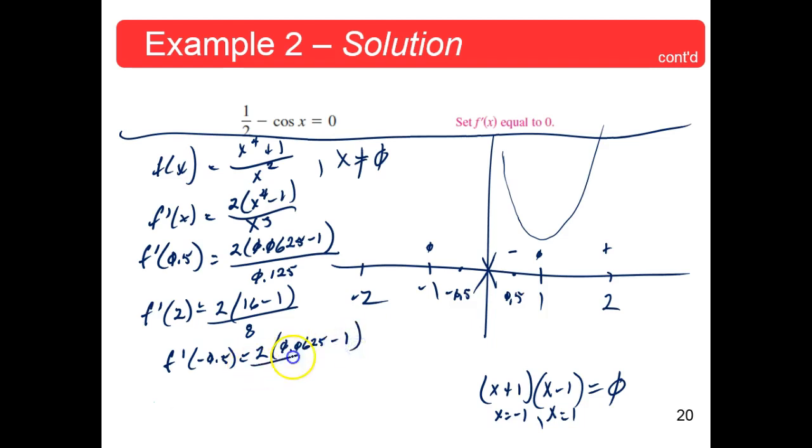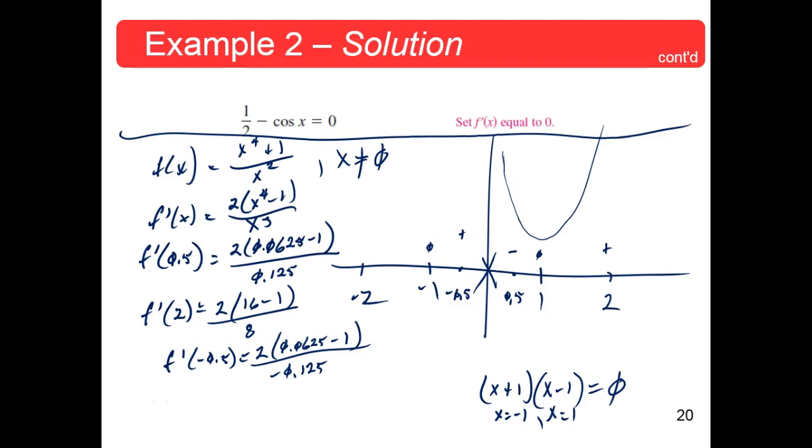Minus 1 over, but negative 0.5 cubed is negative 0.125, right? Cube a negative number. Any odd power, negative number raised to an odd power is negative. A negative number to an even power is positive. Okay? So what's the sign of the numerator? Negative. What's the sign of the denominator? Negative. What does that make the sign of your first derivative? Positive. So here we've got a positive slope.